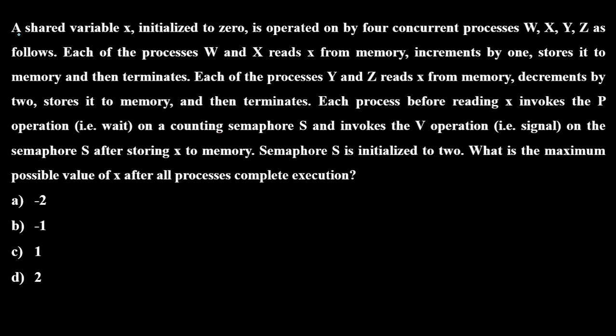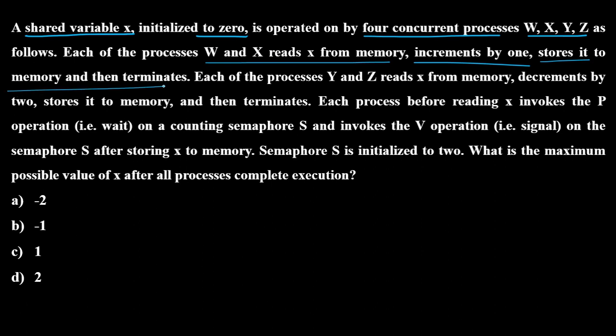Here, what are they saying: a shared variable x, so x is a variable that is shared, initialized to 0, is operated on by 4 concurrent processes W, X, Y, Z as follows. Each of the processes W and X reads x from the memory, increments it by 1, stores it to the memory and then terminates.